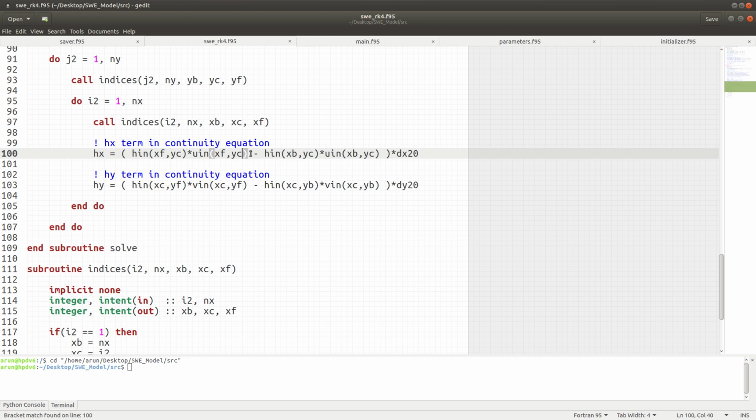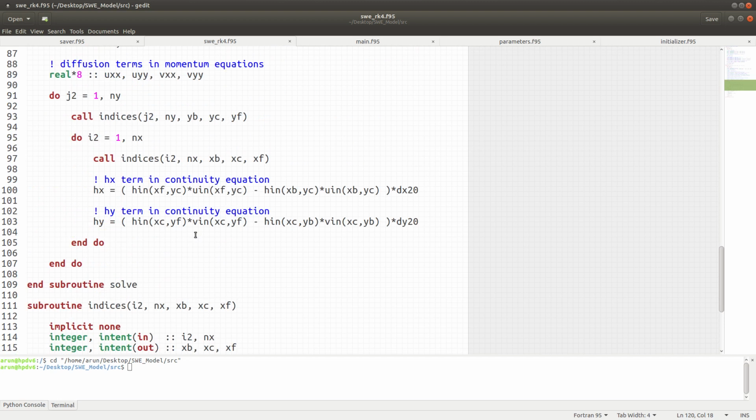And then after getting this product, I subtract the same value for the point slightly behind me along the x-axis. So I put xb. I should have put this as I2 plus 1 and j2, and this one as I2 minus 1 and j2, like that. But because of this notation, our life is a little simpler, so we don't have to worry about the plus 1 and minus 1 conditions, because these are already taken care of by the index notation.